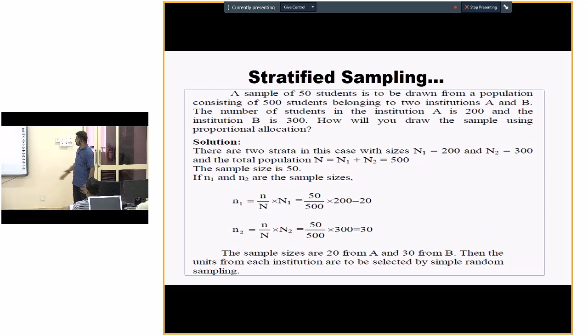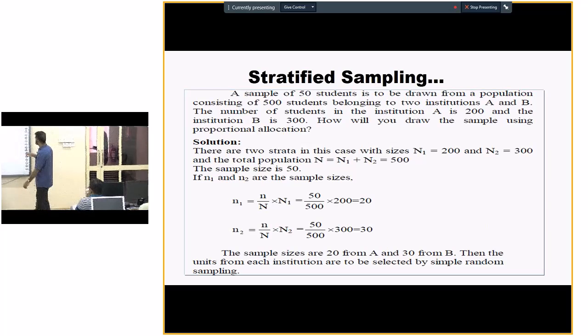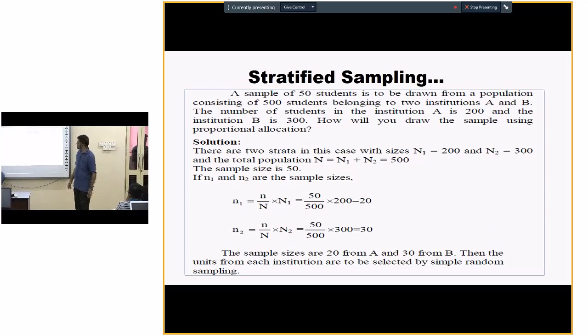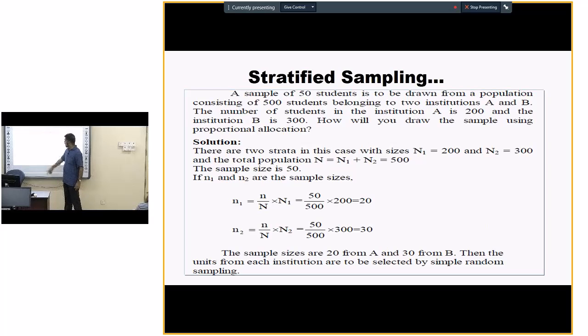Proportional allocation means again stratified sampling. Now here you have stratified sampling. The total population is 500, with 200 from A and 300 from B. Our target is to identify 50 students, so the sample size is 50, right? Further, we can discuss how to decide the sample size. Now if you have already decided on 50, how to take this?